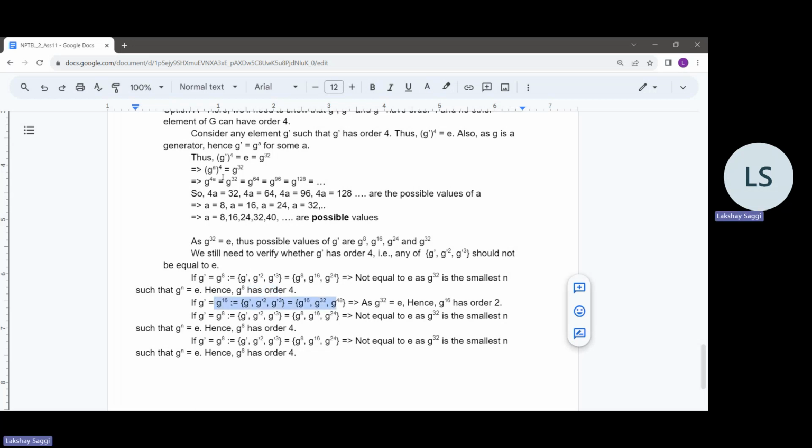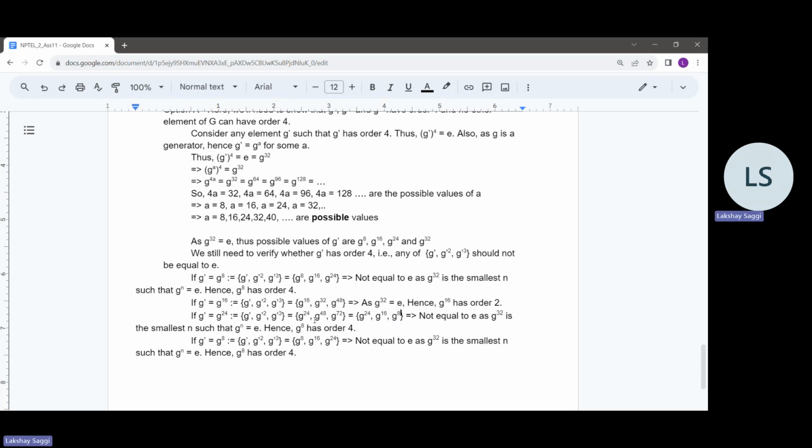Similarly, if we take g raised to the power 24, it will be 24, 48, and then 72. And we know that g raised to the power 32 is equal to e. So we can just take modulo 32 in the exponents, which gives g to the 24, then 16, and then again g to the power 8.